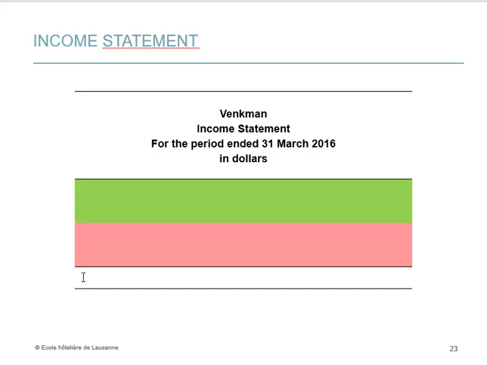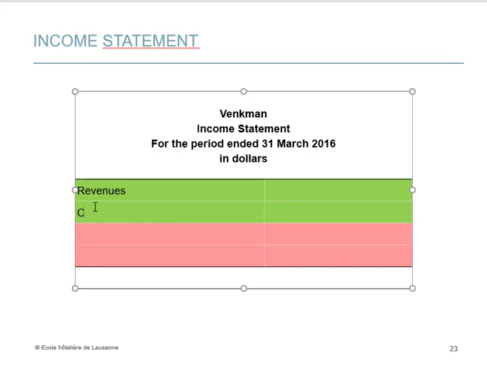Here I colored the accounts in two colors, revenues and expenses accounts. So we're starting with the revenues. For us, we have the consulting fees earned, which gives us 125,000.